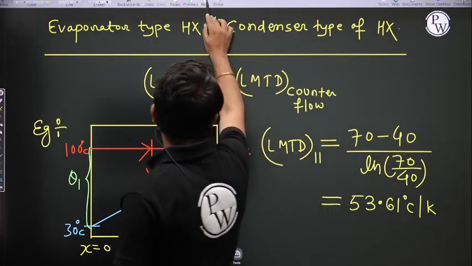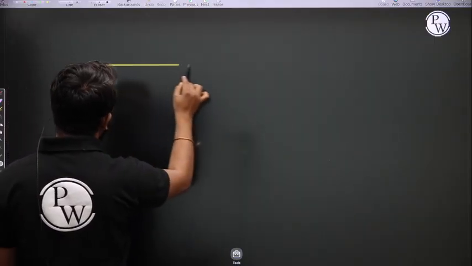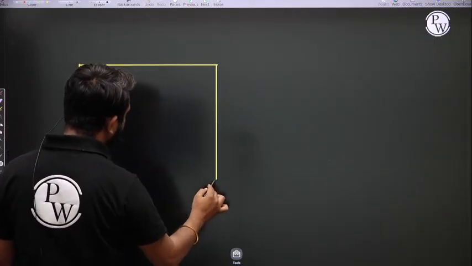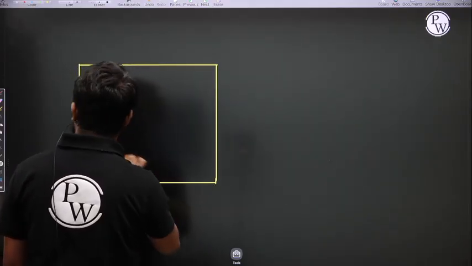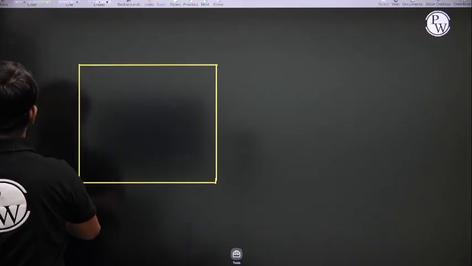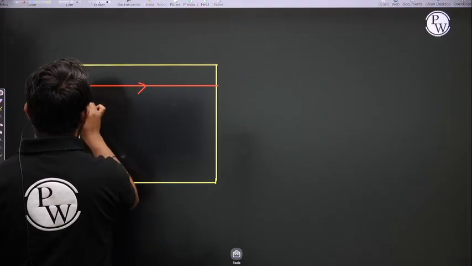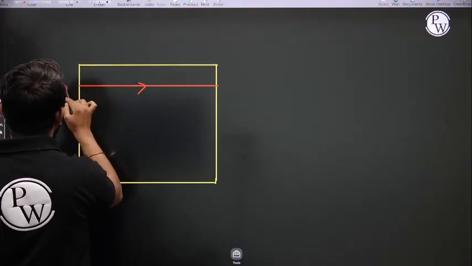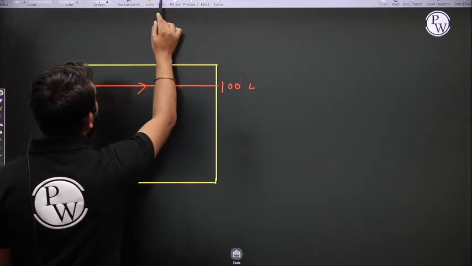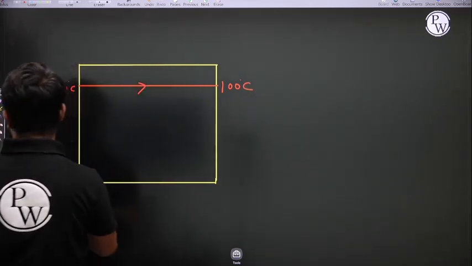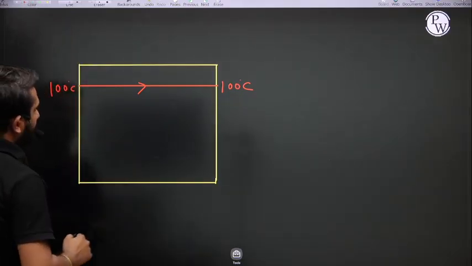Now, if you are assuming flow is counter, condenser type of heat exchanger and counter flow heat exchanger. So this is the hot fluid inlet temperature, again 100 degrees Celsius, and hot fluid exit temperature, 100 degrees Celsius.